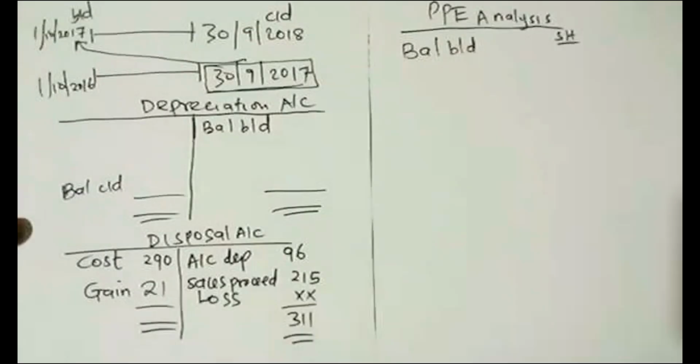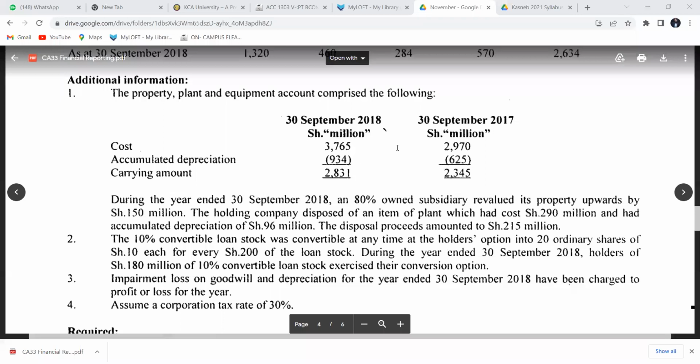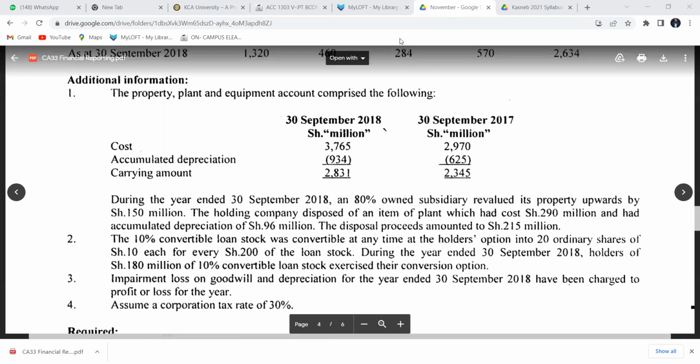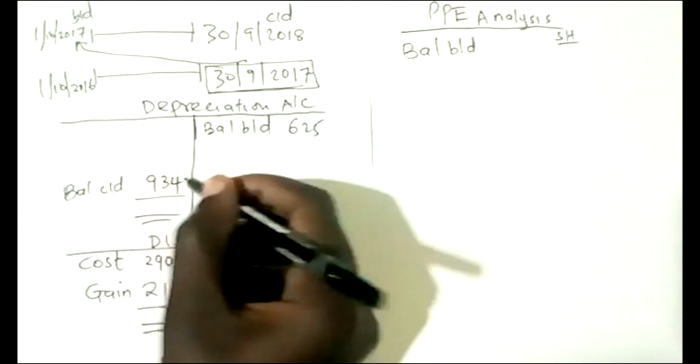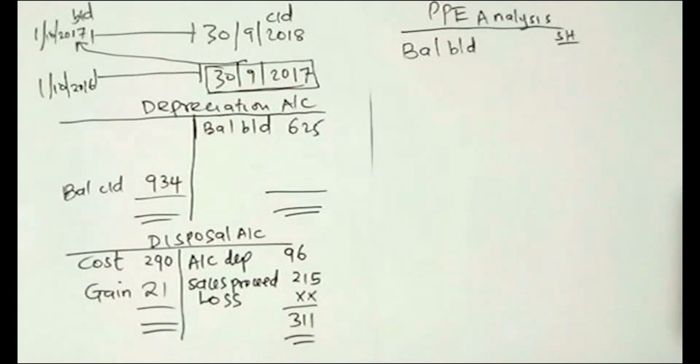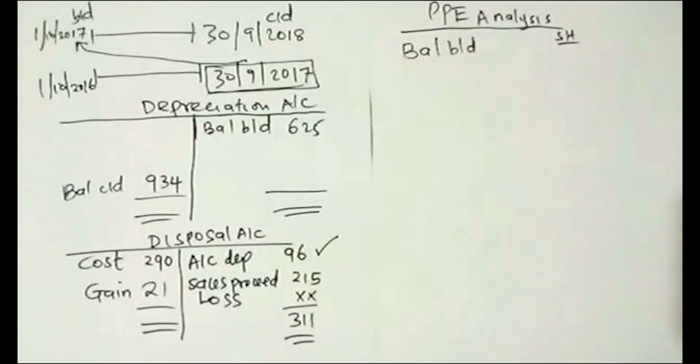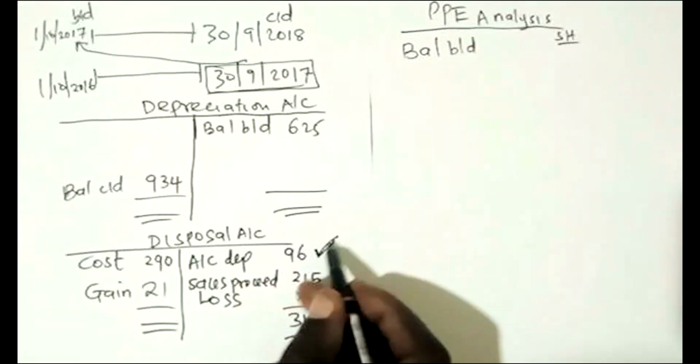For the depreciation account, the accumulated depreciation at the end of 2017, which would be the opening of the year, 1st October 2017, ending 30th September 2018, is 625. 625 is the brought down there, and 934 is the balance carried down here. Then there's this accumulated depreciation on disposal, so it is credited here, we debit here.